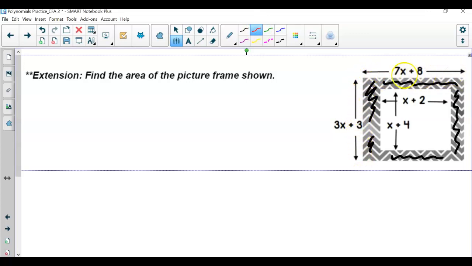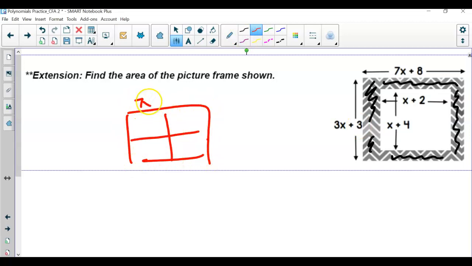Well, if we find the area, which is multiplying, so if we just multiply and set up here our area model, so 7x plus 8 and times 3x plus 3, keep in mind that you're finding the area of this entire rectangle.